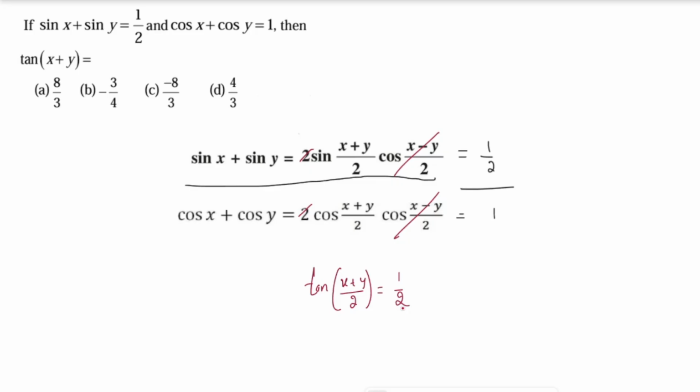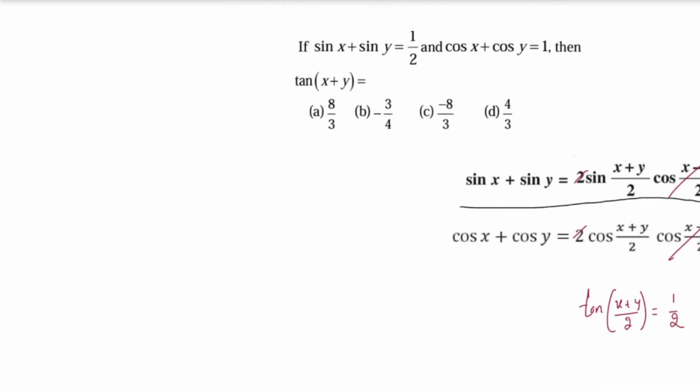Now the next calculation is we have to find tan of x plus y. Let us consider the tan 2 theta formula. Tan 2 theta is equal to 2 tan theta by 1 minus tan square theta. Now in place of theta, let us take x plus y by 2, because we know tan of x plus y by 2 is equal to 1 by 2.